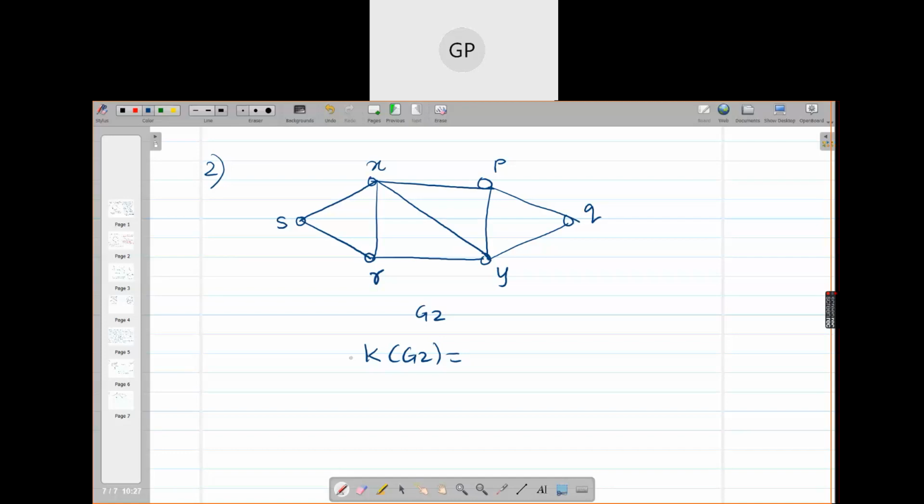Two. Which two vertices do you want to delete? X and Y. Okay, let us check. If I delete X and Y, what happens? The degree of X is 4, so all these 4 edges are deleted, right? And if I delete Y, these more edges are deleted, right? Correct? X is not there, Y is not there. Have you understood it, girls?